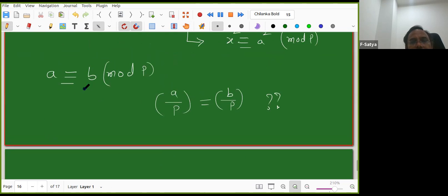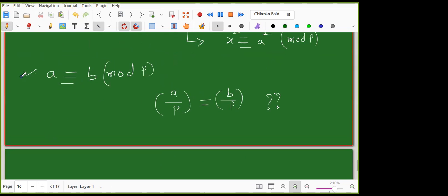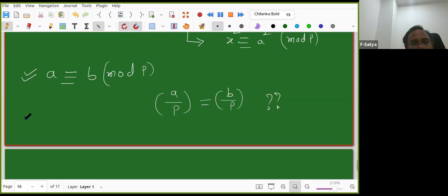Yes, so how do you prove it? Okay, now let us check. You take x square is congruent to a mod p.